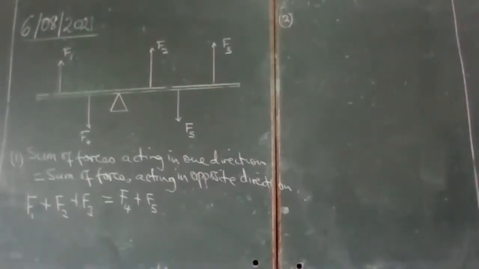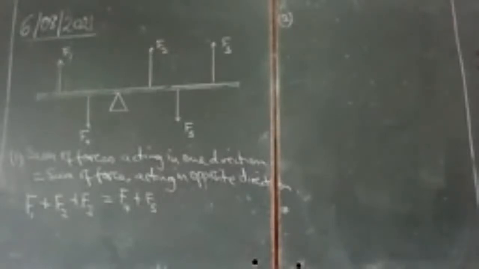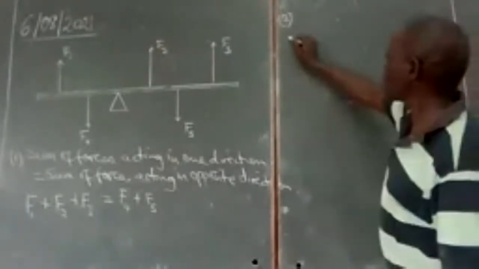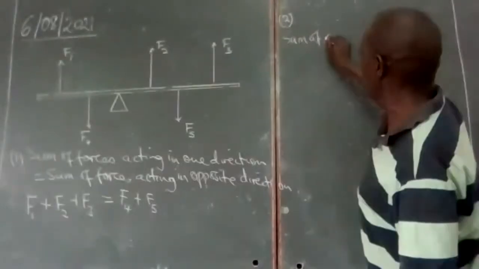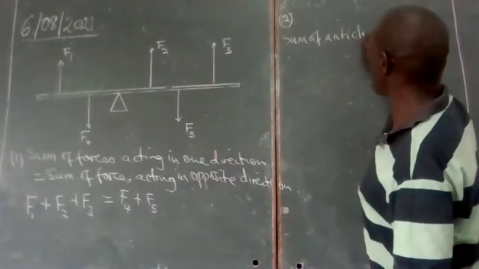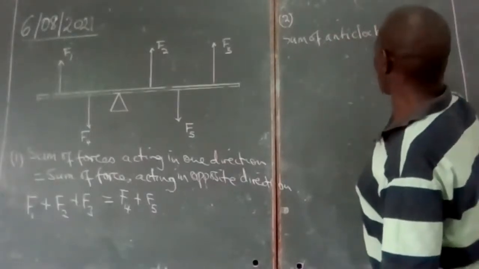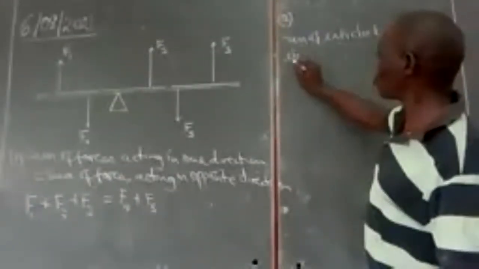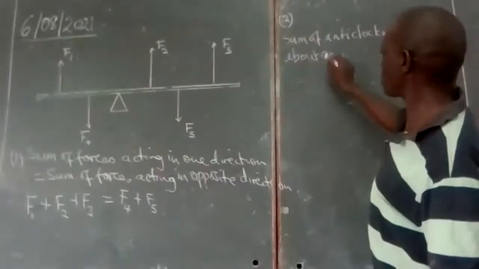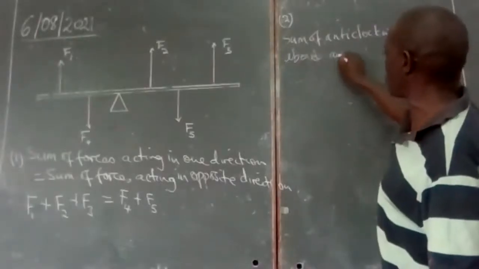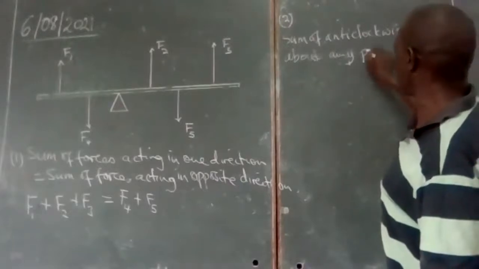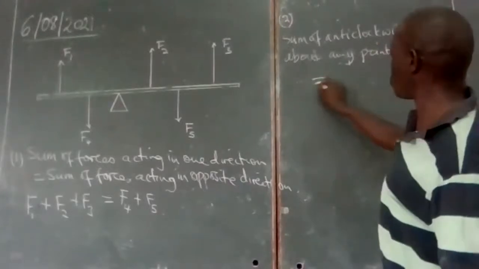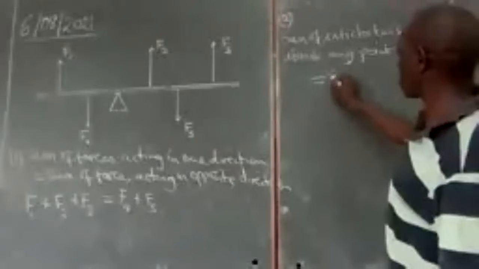The second condition is the sum of anti-clockwise moments about any point is equal to the sum of clockwise moments about the same point.